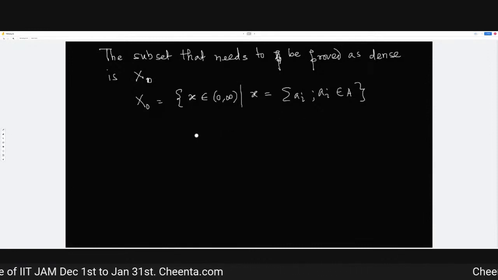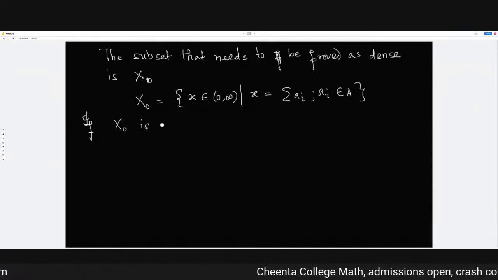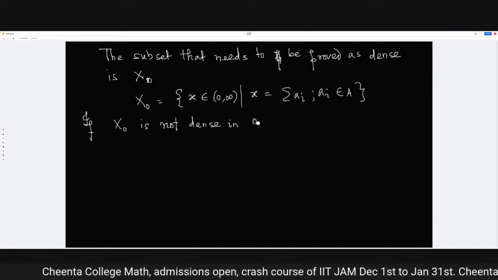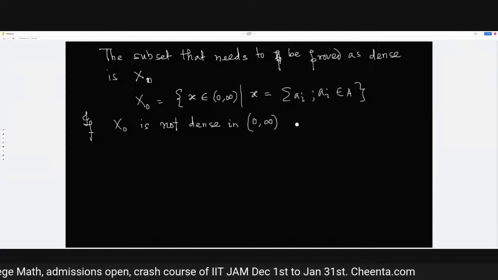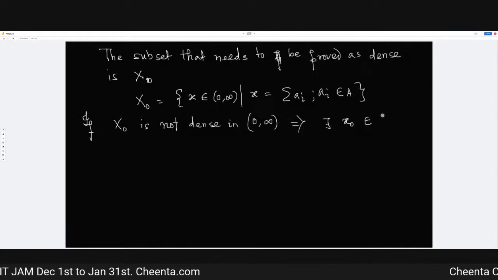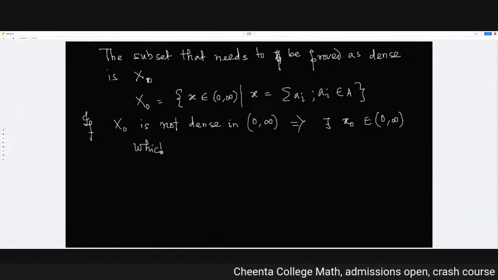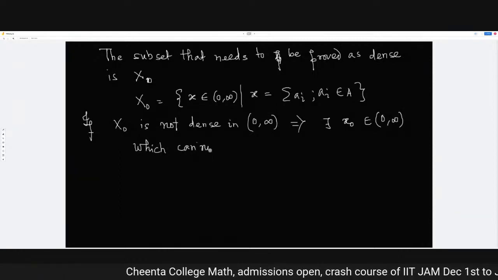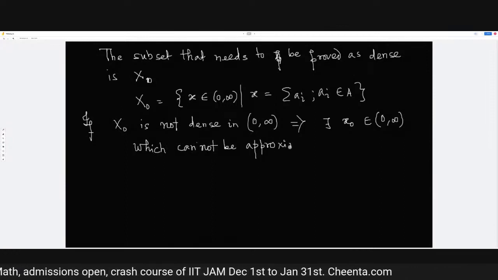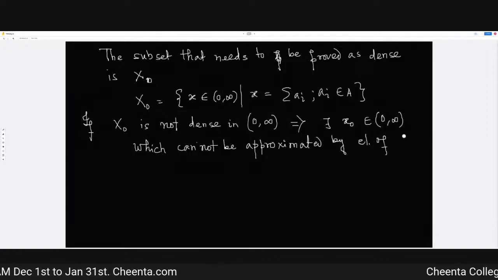So if X naught is not dense in (0, infinity), this implies there exists a small x naught in (0, infinity) which cannot be approximated by elements of capital X naught.